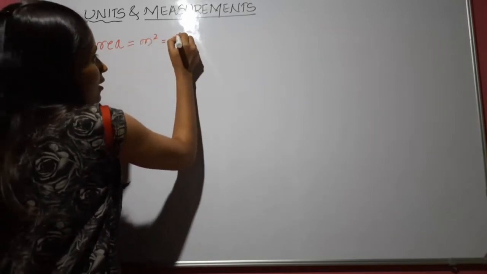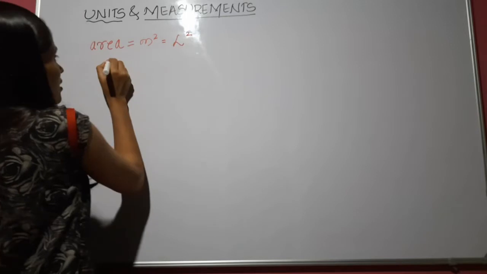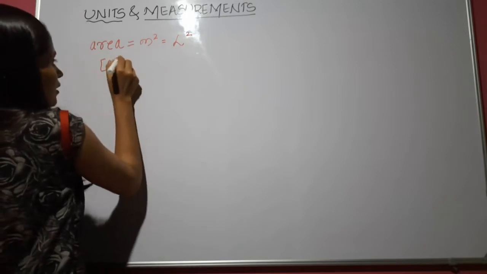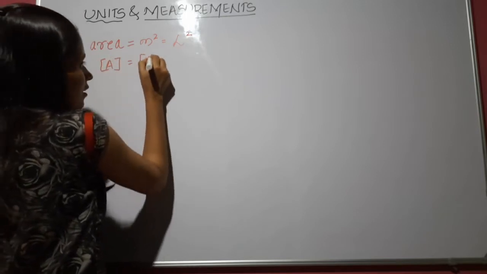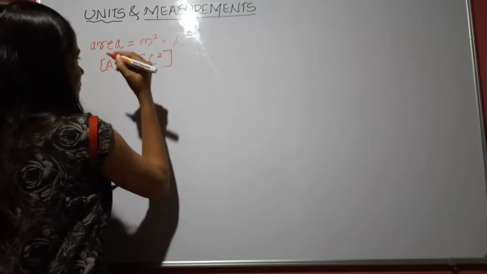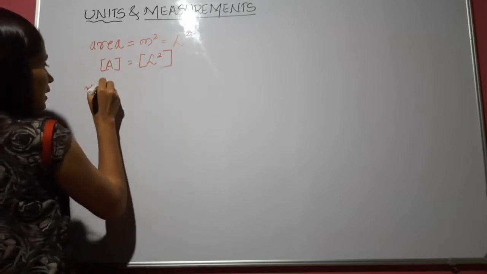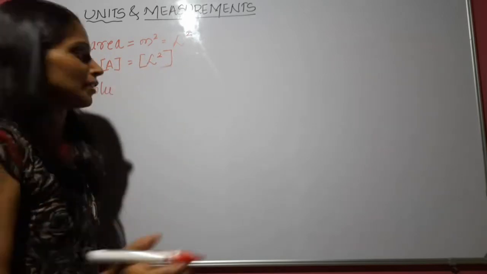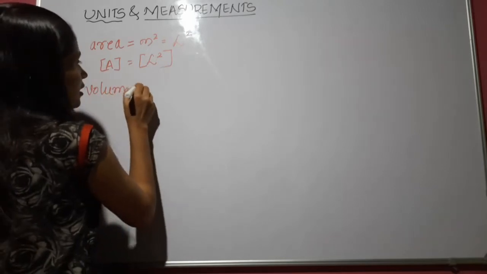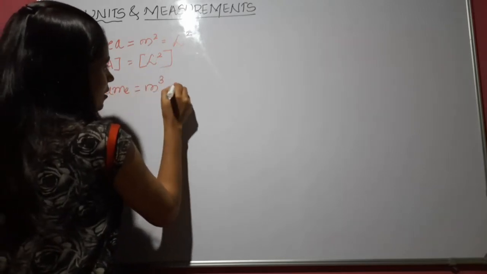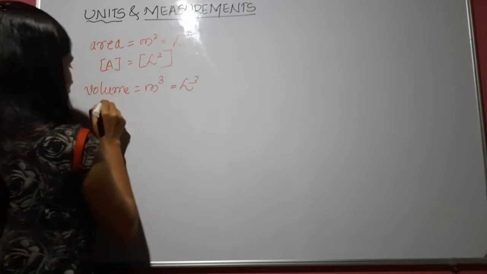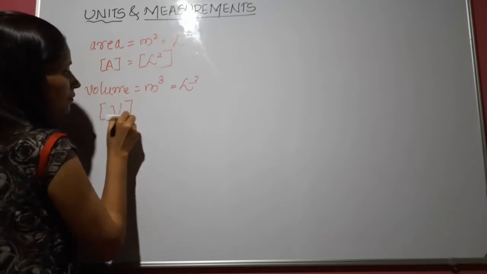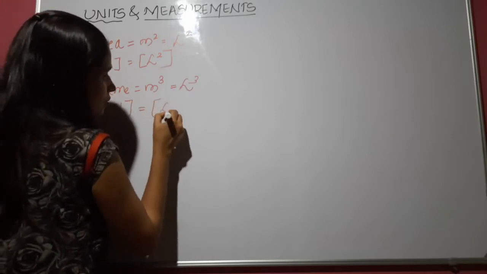This is length square, so the dimension of area is length square. Volume is length into length into length, so L cube or meter cube. Volume is L cube.